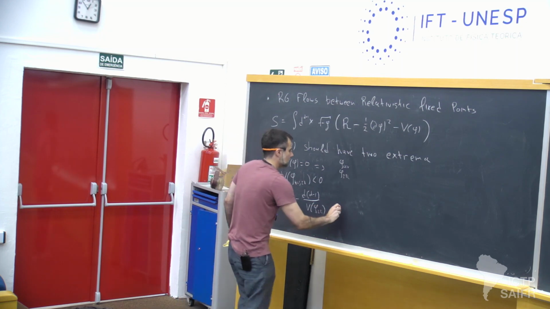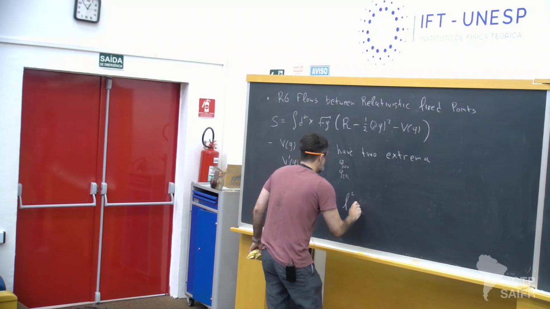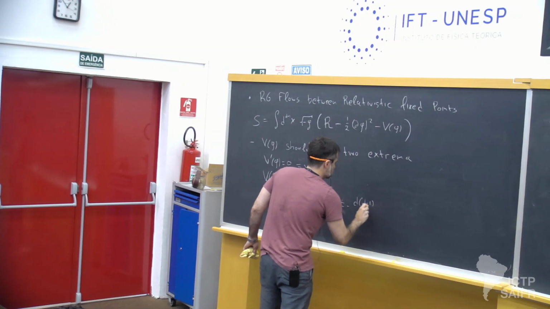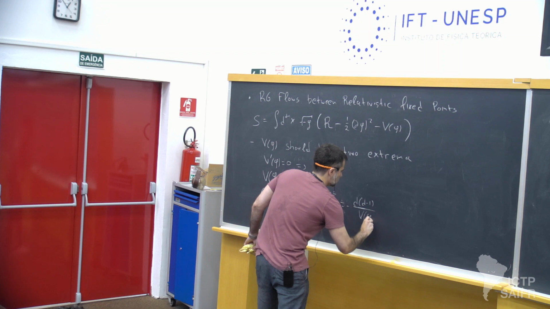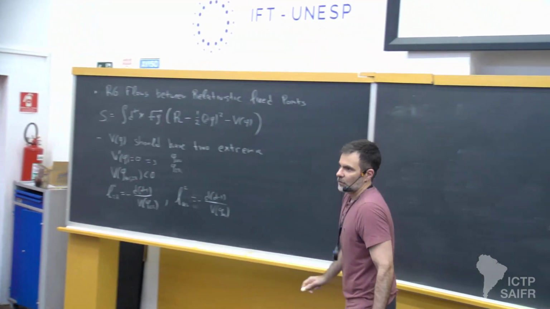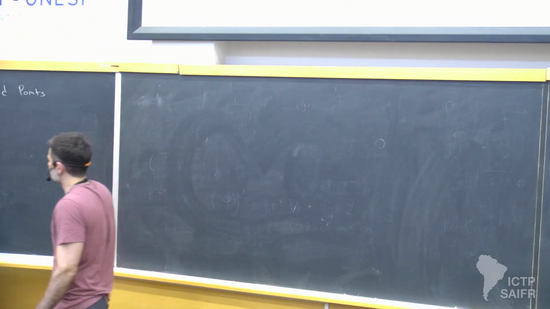And correspondingly, the radius of the UV AdS fixed point would be given by the value of the potential at the UV fixed point.